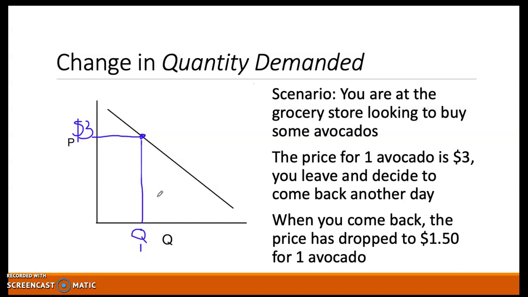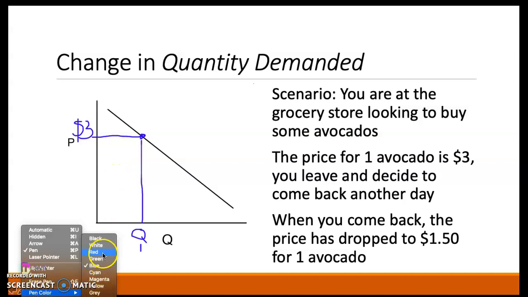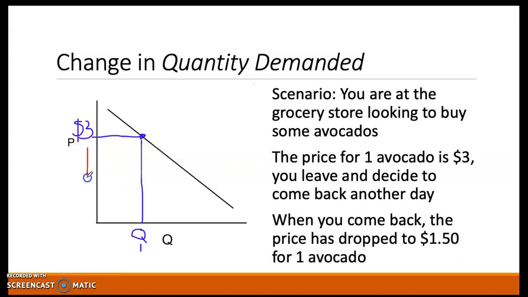You leave and you decide to come back another day because you don't really want to spend $3 on one avocado. So when you come back, again changing my pen color to show a change, the price has gone from $3 to $1.50 for one avocado. Okay, $1.50, and then again we're going to draw it over here to the demand curve.